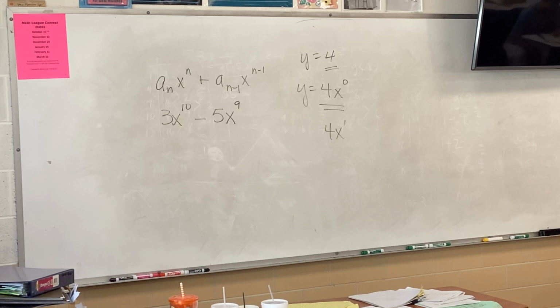Now, what about absolute maxes and mins? A curve can have lots of high points and low points, lots. But it's only gonna have one highest point and one lowest point. And that's what we mean by absolute or global max and min.